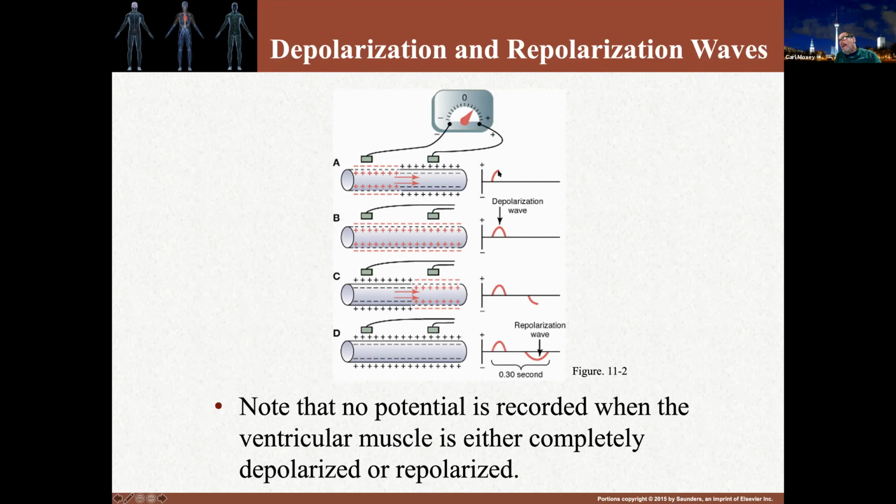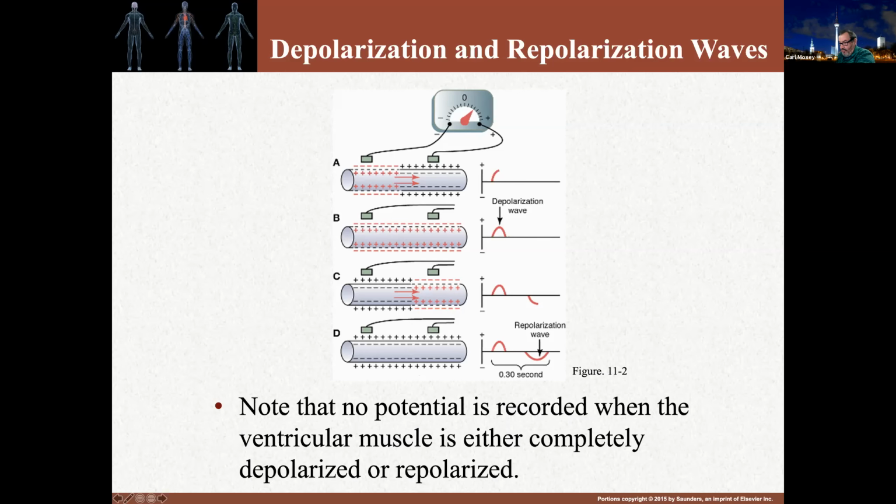But the thing to notice is that when the ventricular muscle is either completely depolarized, which we have here, or completely repolarized, which we have here, the recording is a straight line.